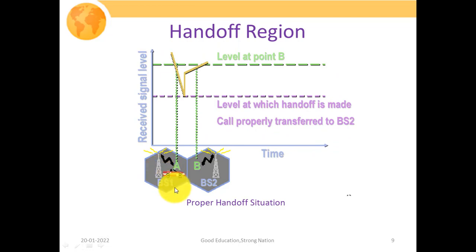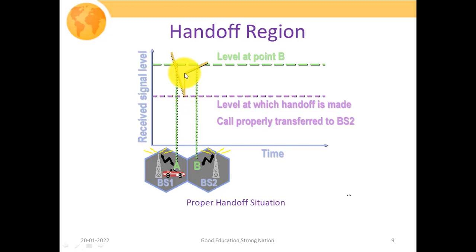The scenario is the same. The user is initially connected with base station 1 at point A, and is moving from base station 1 toward the coverage of base station 2. As it moves away from A, its received signal strength deteriorates up to this point, and at this point there is a sudden jump in received signal strength.